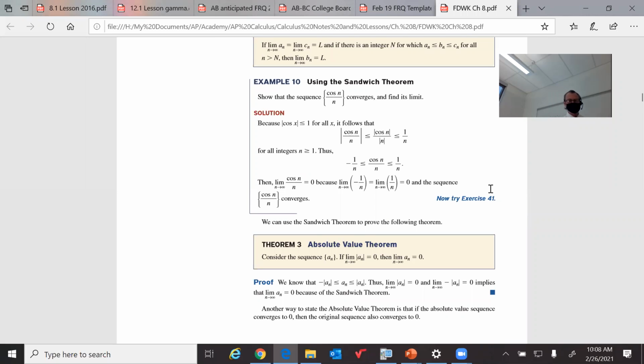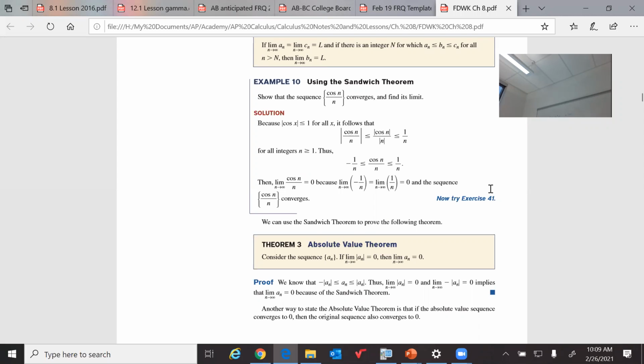So what's happening? The numerator is going between -1 and 1. The cosine can only go from -1 to 1. The denominator is getting larger without bound. So you have small over large. Small over large is equal to 0. Okay? So that's your model.